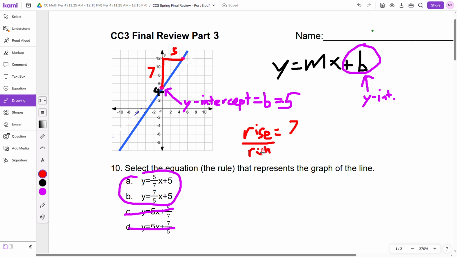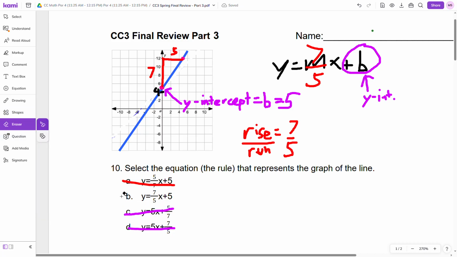I'll just do it like this: 7 over 5. And that's my slope. So that's the number that goes in front of the x. Don't forget to put the x. But that means that the answer is B and not A, because it's 7 over 5. And there you go. And that's how you do it. Just find the y-intercept first, and then the slope.